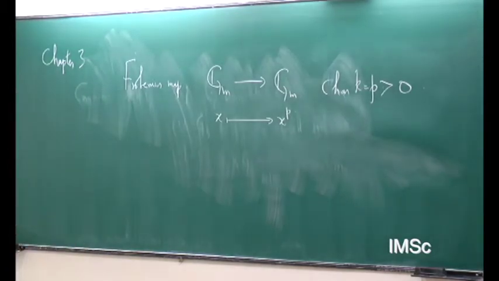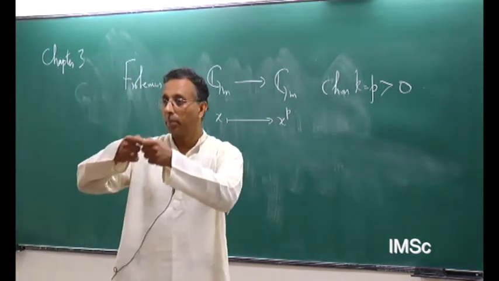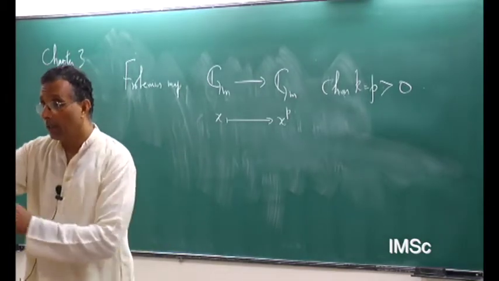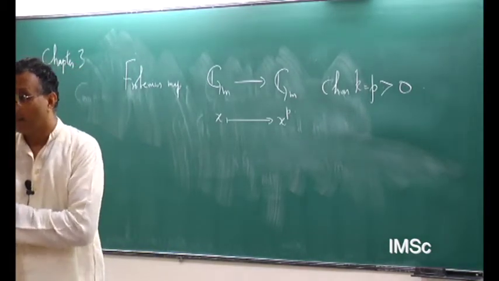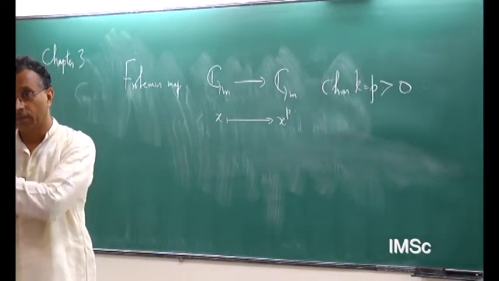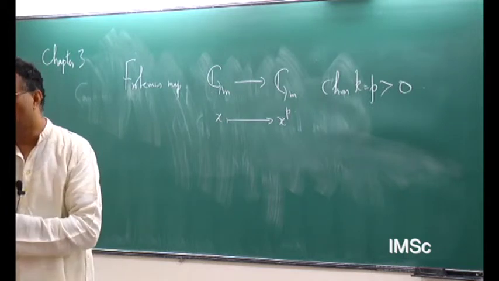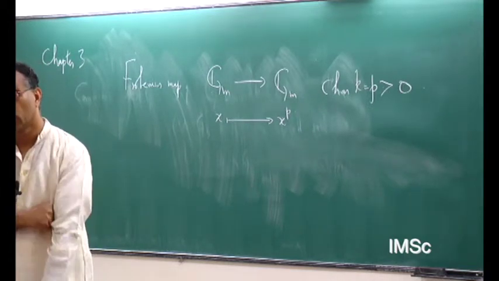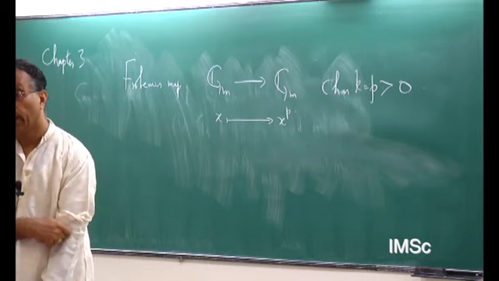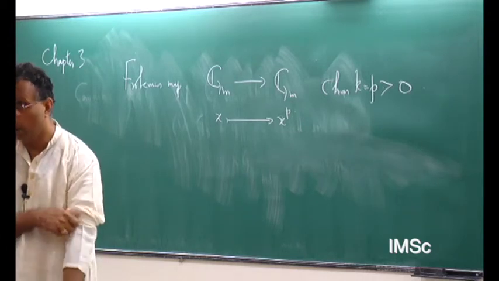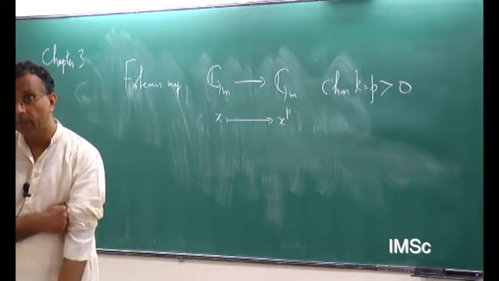Now I claim this is a bijection. Raising to the pth power respects multiplication because you are in a commutative group. Now it's a bijection because you are in characteristic p.